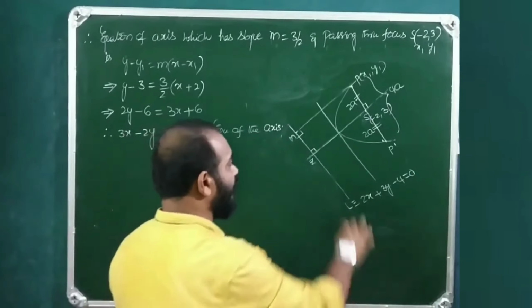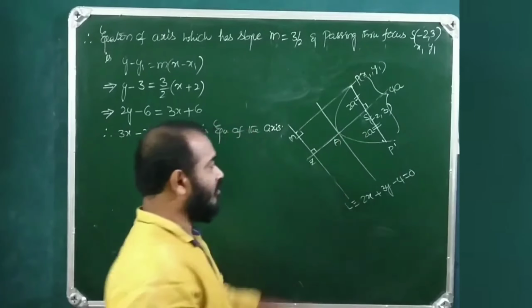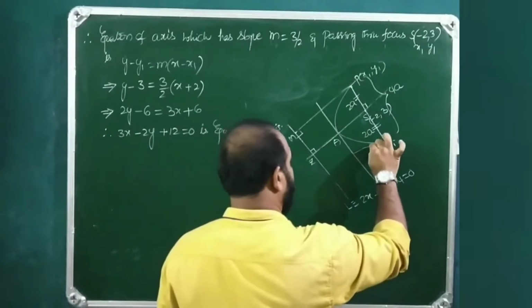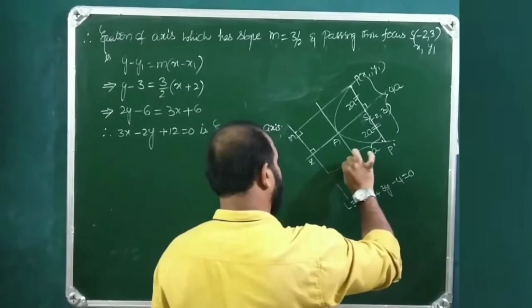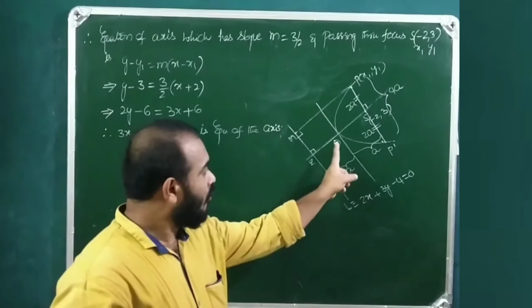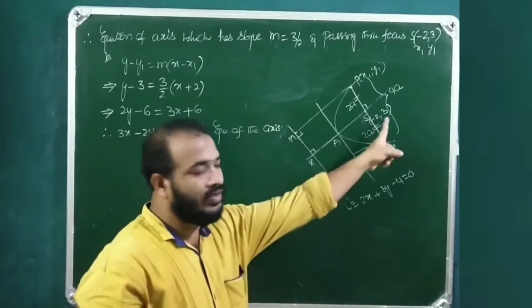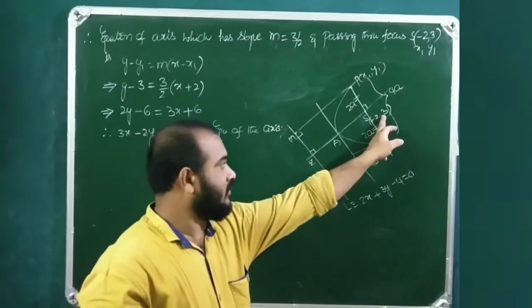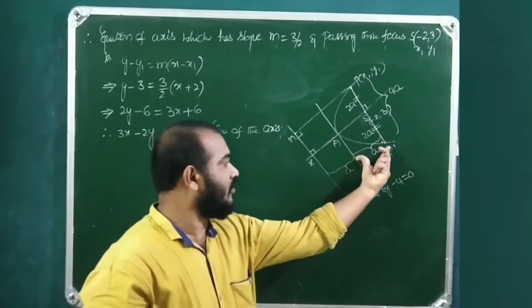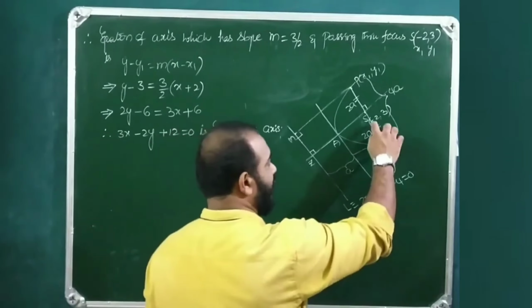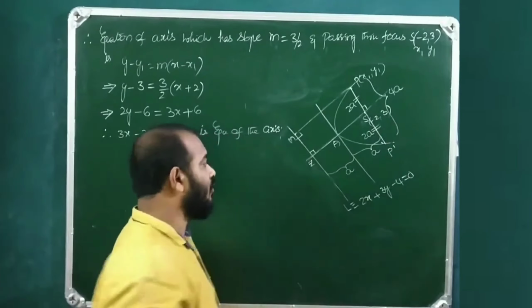This is the vertex of the parabola, so this is also a and this is also a, because the foot of the directrix, vertex and focus are collinear points and A is the midpoint of ZS. That is why if AS is small a, ZA is equal to small a. So this is a comma 0, this is minus a comma 0.